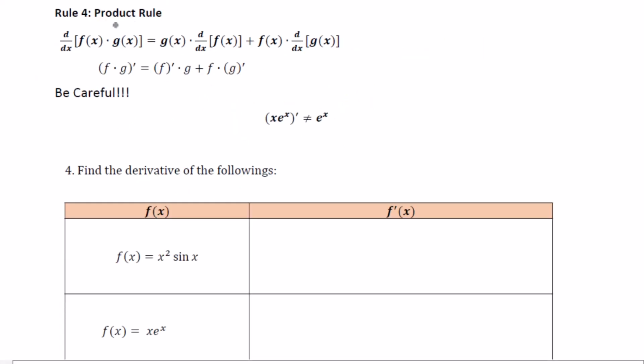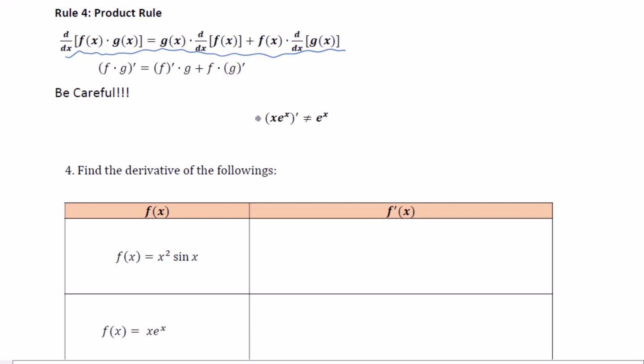Let's introduce rule 4, the product rule of derivatives. This is the formula: the derivative of f times g equals the derivative of f times g, plus f times the derivative of g.